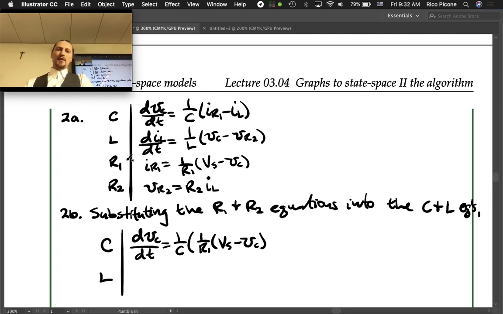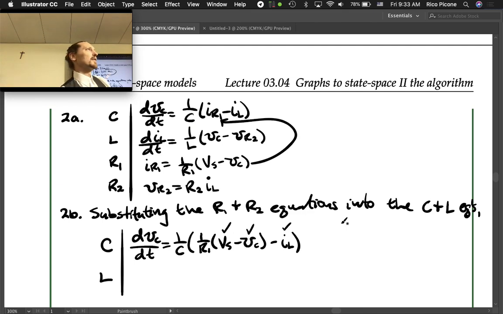And so that was substituting the R1 equation in there. And the next term is minus IL. Good. So let's take a look at this for just a moment before we move on. This is an input variable, right? This is a state variable. This is a state variable. So that equation is a state equation. It's ready to go into our vector state equation that we'll write in standard form in a minute.